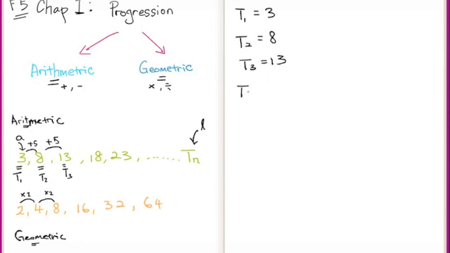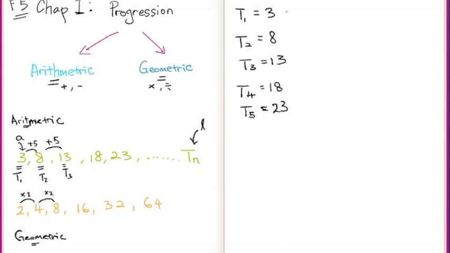Maybe you need to do a fourth term. Since they are plus 5, the previous term plus 5 will be 18. The fifth term would be, plus 5, 23. You just add 5 to the previous number. Now, you list it out and you get the general equation. Let me show you how to do that.